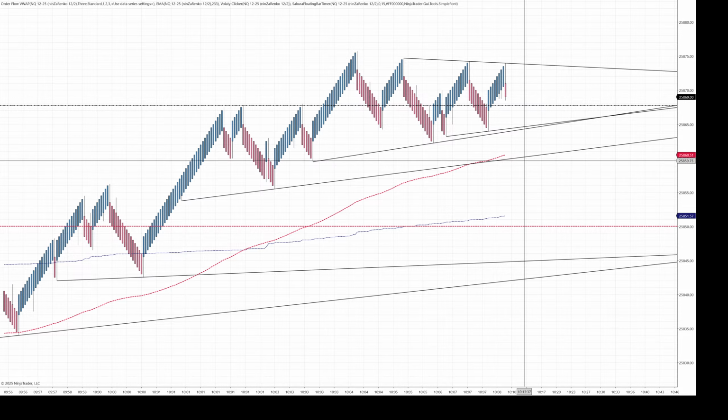Yeah, this price action is just really choppy. You could see we're just stuck.